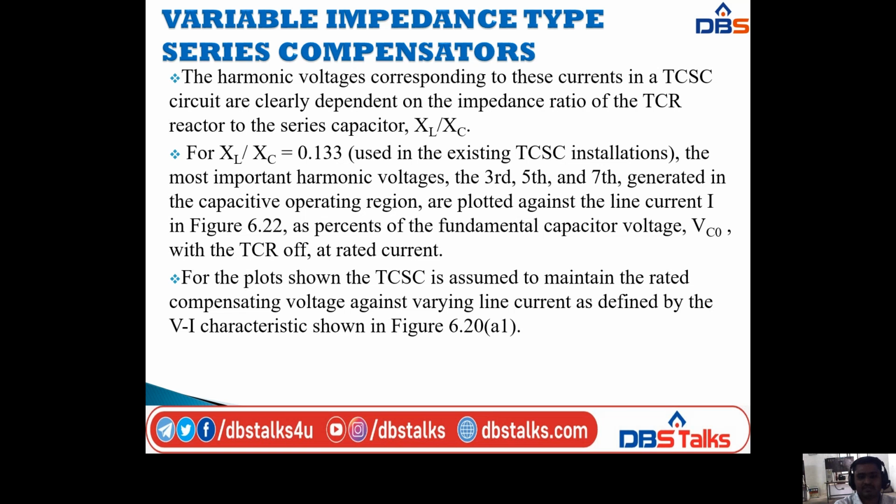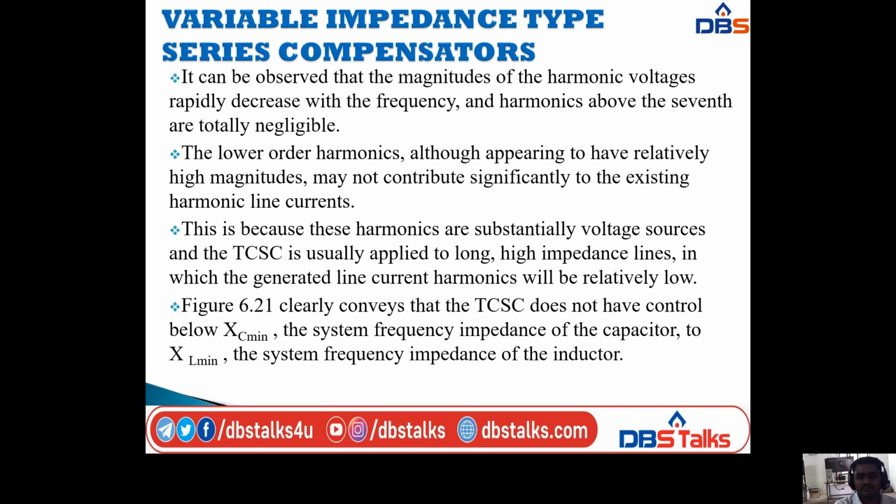In this figure, the third, fifth, and seventh harmonics in the capacitive operating region are plotted against the line current I, as a percentage of the fundamental capacitor voltage VC0 at rated current. For the plots shown, the TCSC is assumed to maintain the rated compensating voltage against varying line current as defined by the VI characteristic in figure 6.20. From this, it can be observed that the magnitudes of the harmonic voltages rapidly decrease with frequency, and harmonics above the seventh are totally negligible.